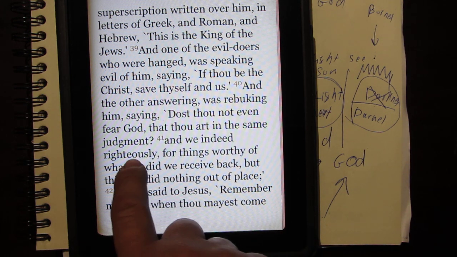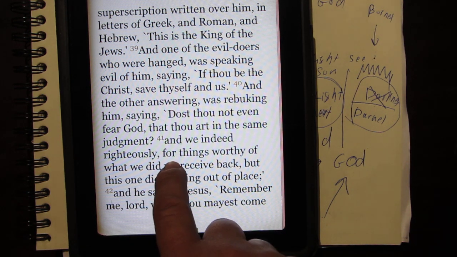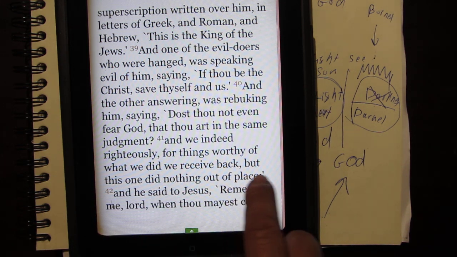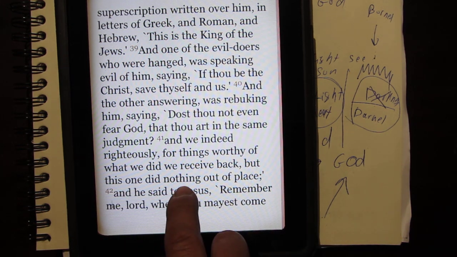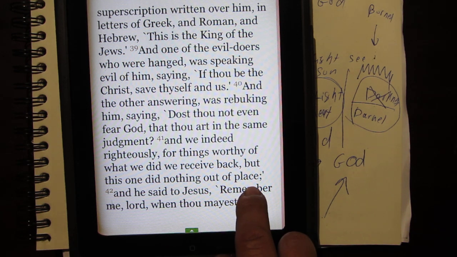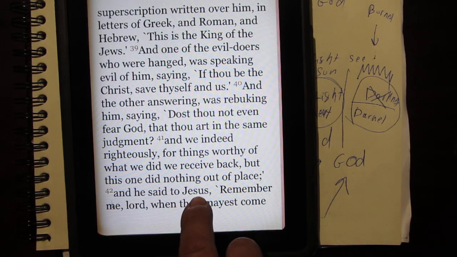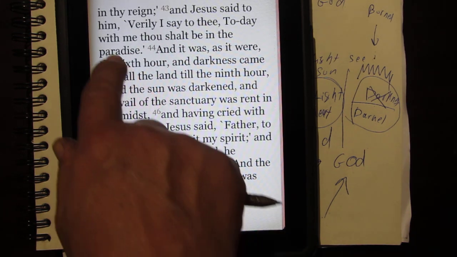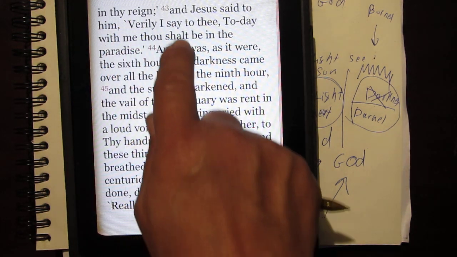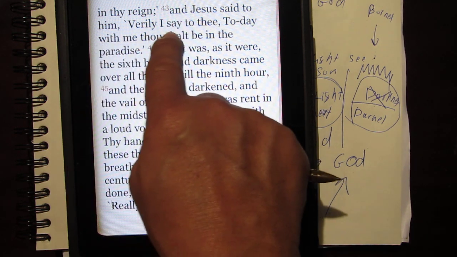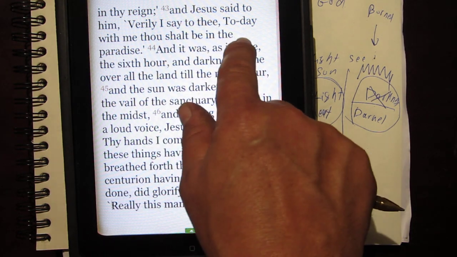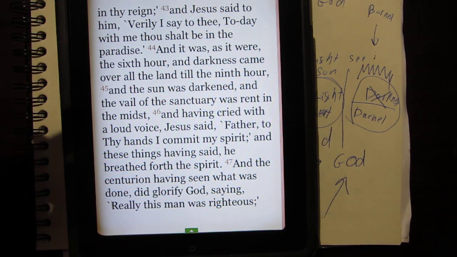And we indeed righteously, for the things worthy of what we did, we receive back. But this one did nothing out of place." And he saith to Jesus, "Remember me, Lord, when thou mayest come in thy reign." And Jesus said to him, "Verily I say to thee, today with me thou shalt be in the paradise."